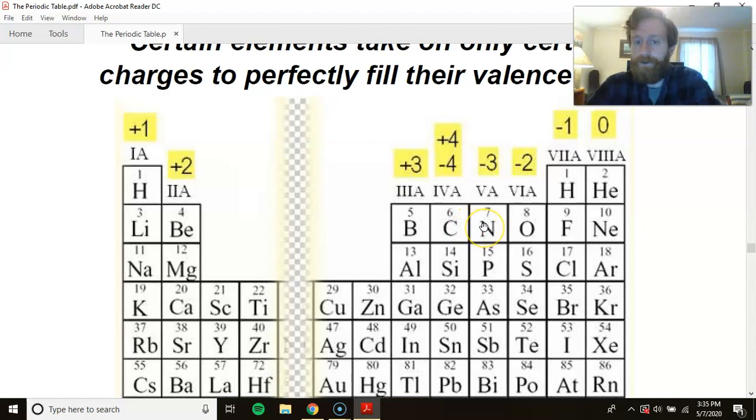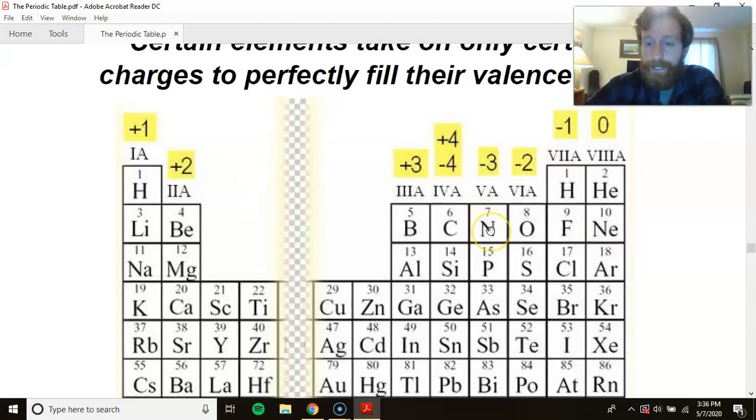And now we start to go into the negatives, because nitrogen has 5 valence electrons, and so it could gain 3 to get to 8 valence electrons and be like neon, or it could lose 5 to be like helium and have the same number of valence electrons. For nitrogen, it's easier to gain 3 than it is to lose 5, simply because 3 is the smaller number.